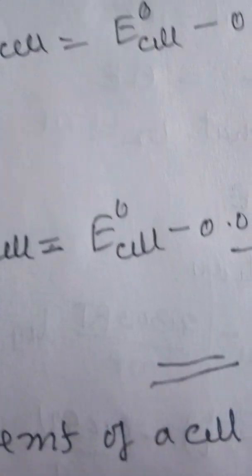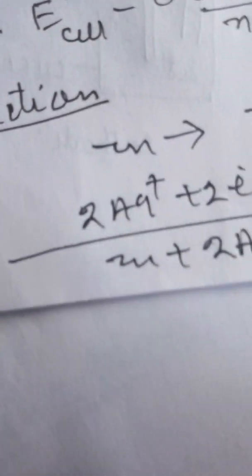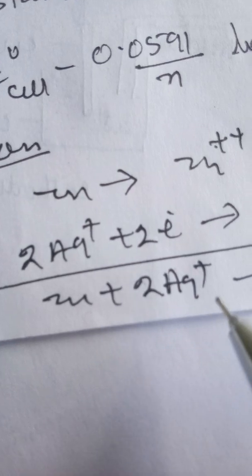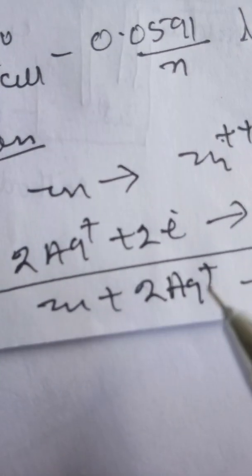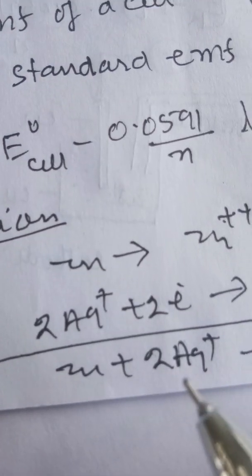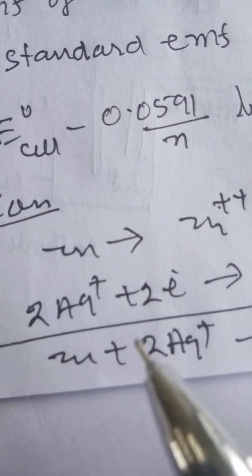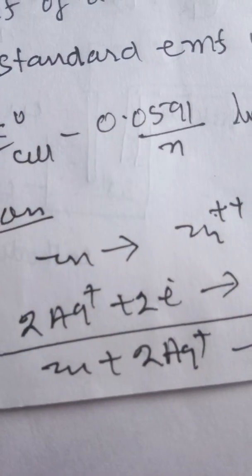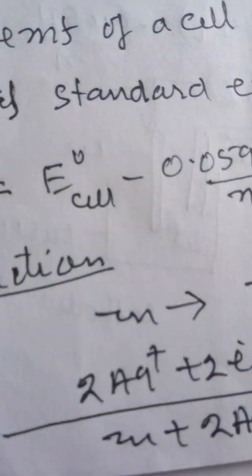Because in the chemical reaction 2 silver ions are taken. So according to the law of mass action, the number of moles will be the power of the concentration term.